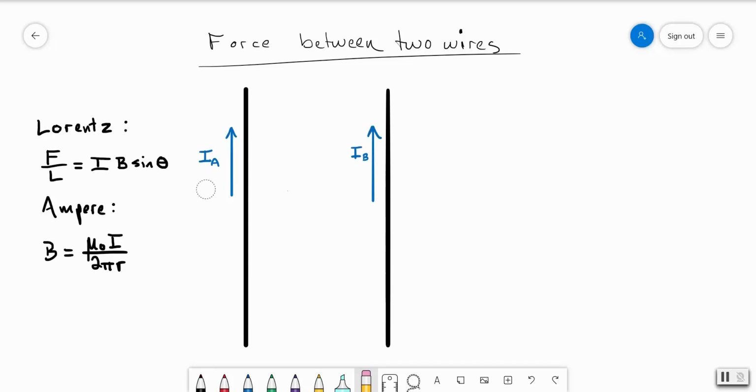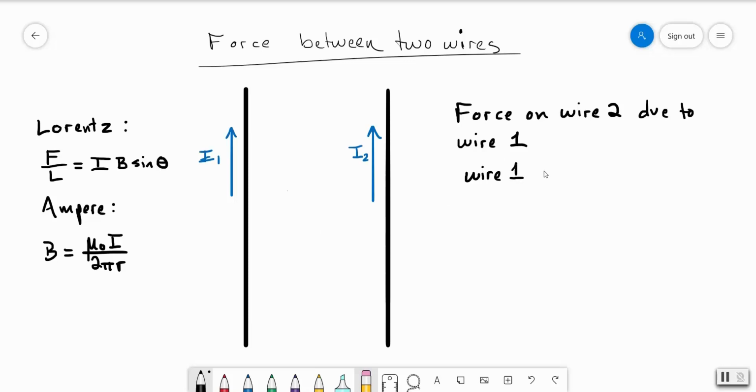Okay, to avoid confusion, I think I'm going to relabel these as current 1 and current 2, because if I use current B, then I'm going to be confused by the magnetic field. So, okay, what we're going to do is we're going to ask, what is the force on wire 2 due to wire 1? So in order to do that, we have to first establish our magnetic field.